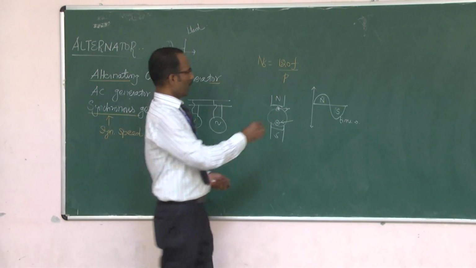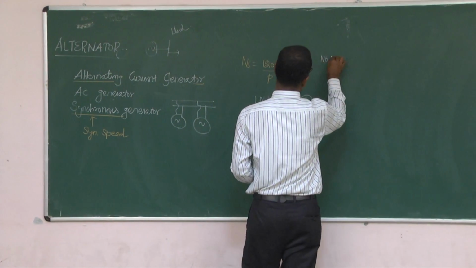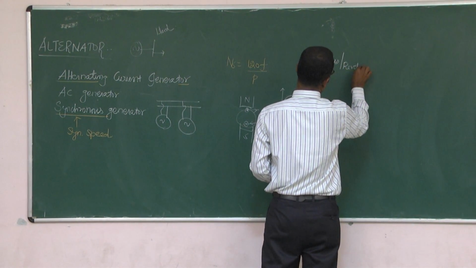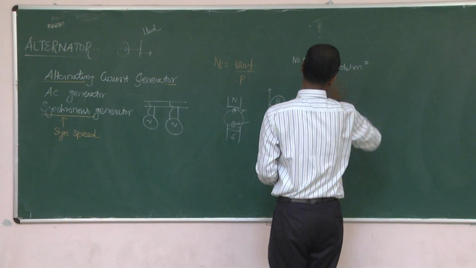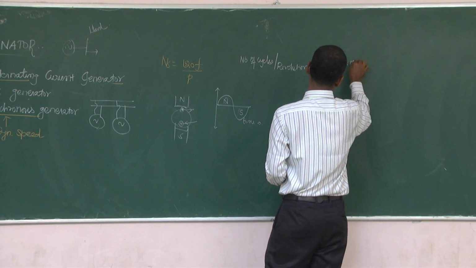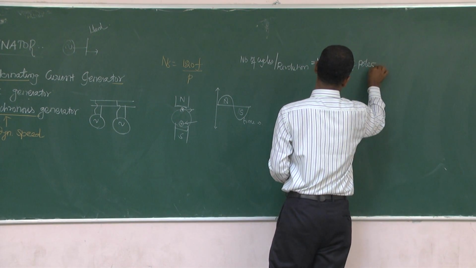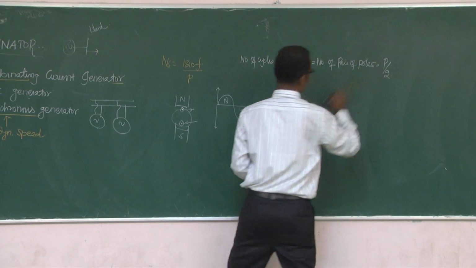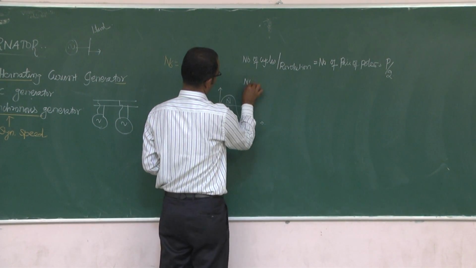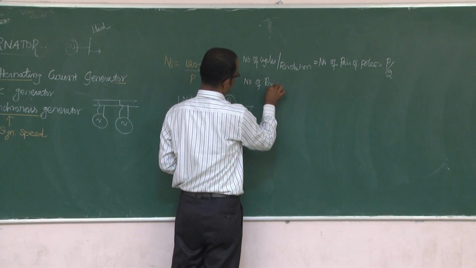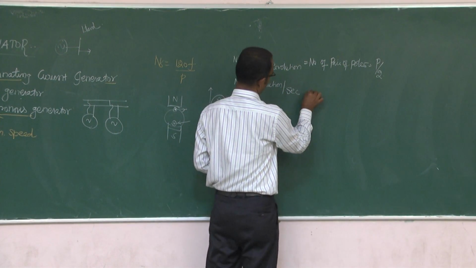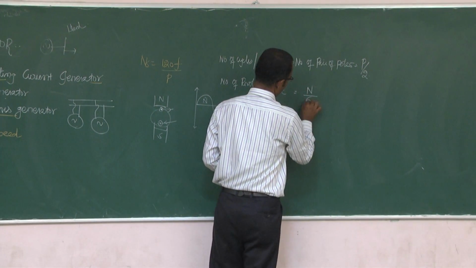So the number of cycles per revolution is equal to the number of pairs of poles, which is P by 2. Then the number of revolutions per second is N by 60.